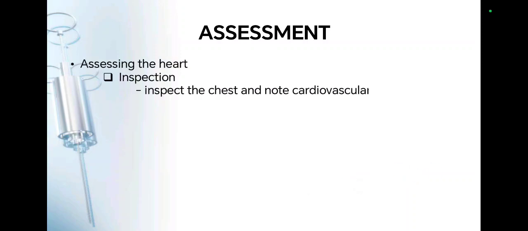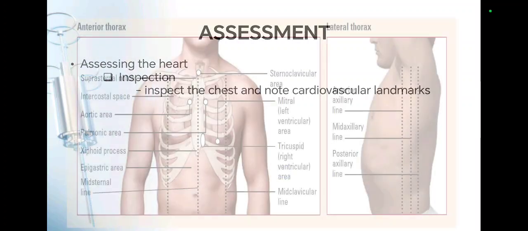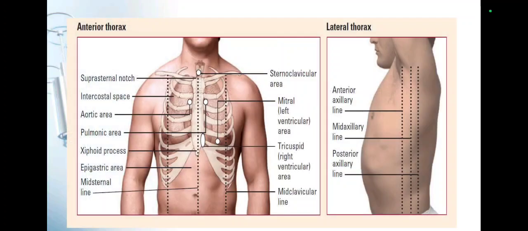So assessing the heart. How do we assess the heart? You have to inspect the chest and note the cardiovascular landmarks. So these are the landmarks. We have here the suprasternal notch. We have your aortic area. We have your pulmonic area. We have your tricuspid area. And we have your mitral area.